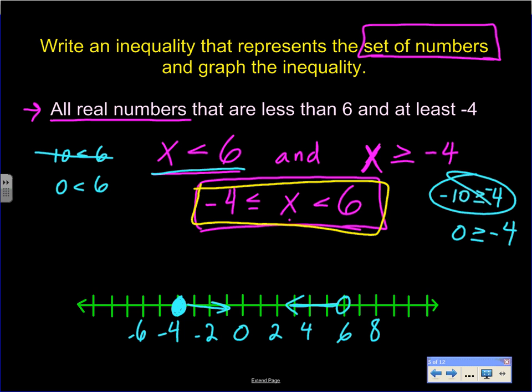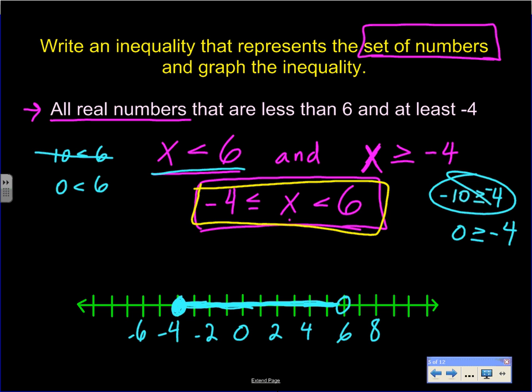Now, you're not quite finished here, because what the graph of this inequality is going to show us is that the answers fall between negative 4 and 6.